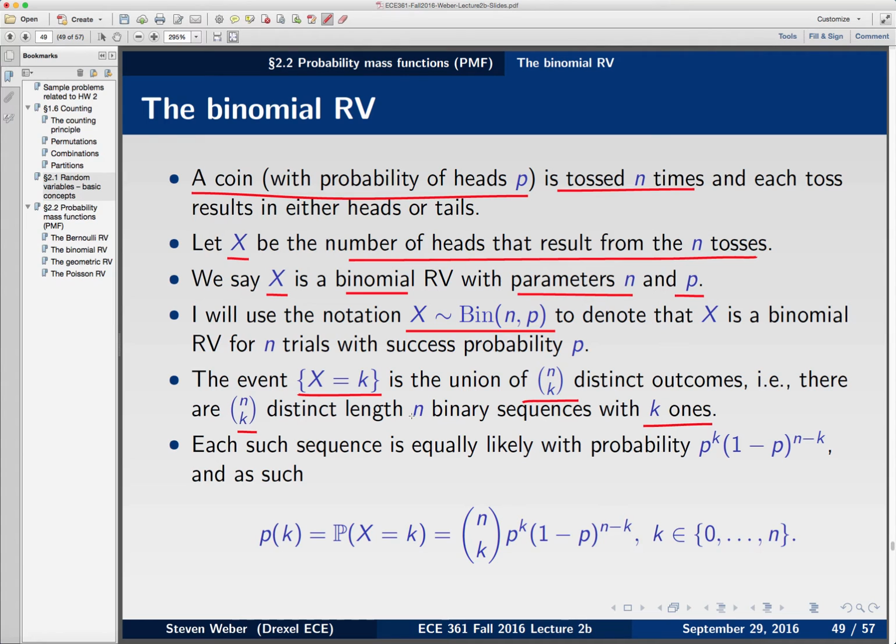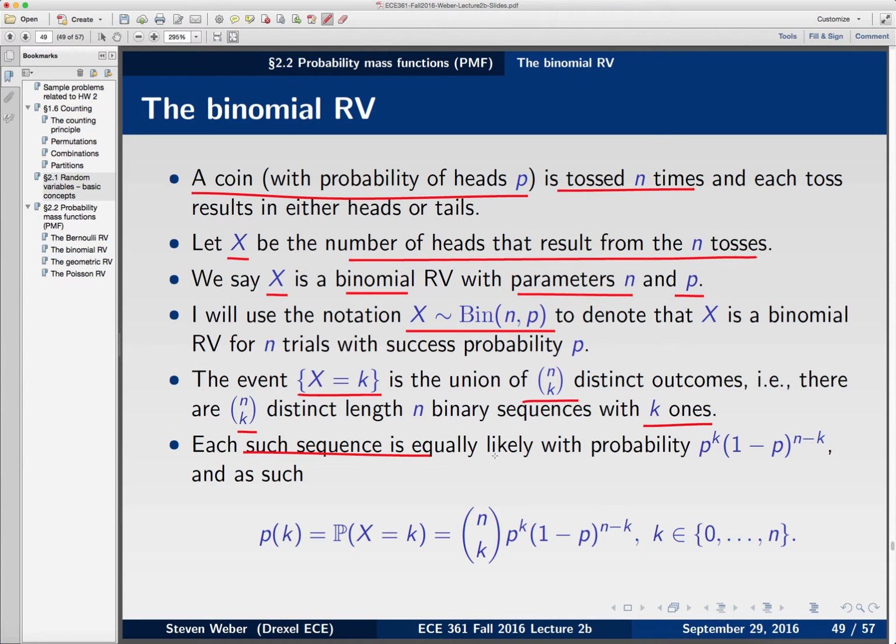In the example where I had n equals 3 and k equals 2, the 3 distinct binary sequences with 2 ones are 1, 1, 0; 1, 0, 1; and 0, 1, 1. Any such sequence, that is, an n sequence with k successes, is equally likely as any other.